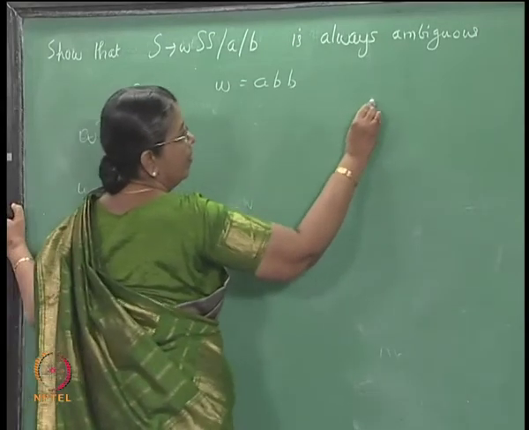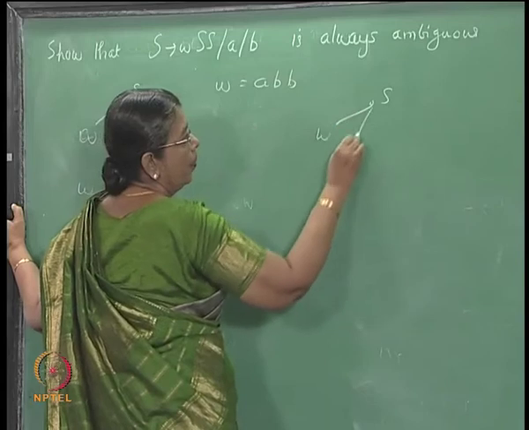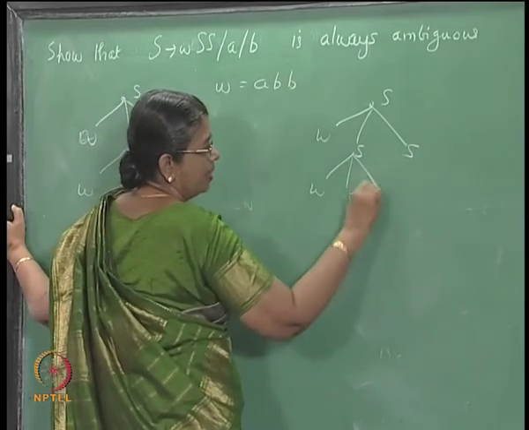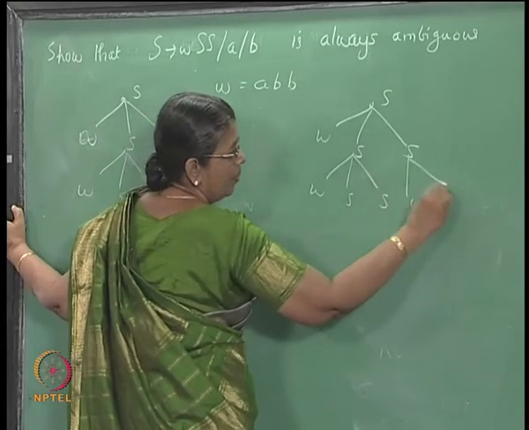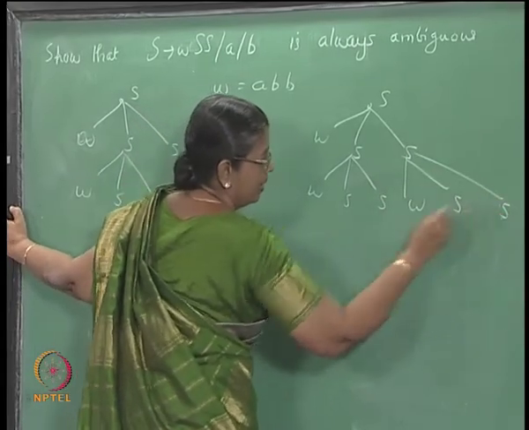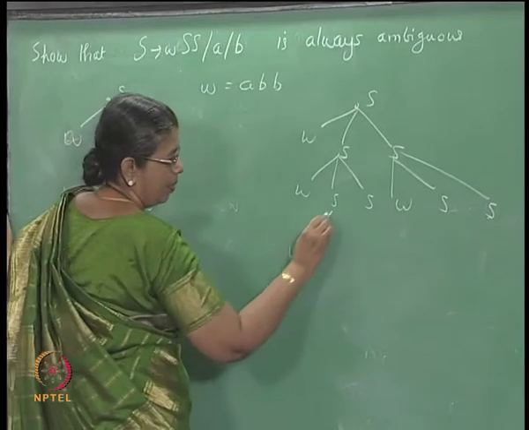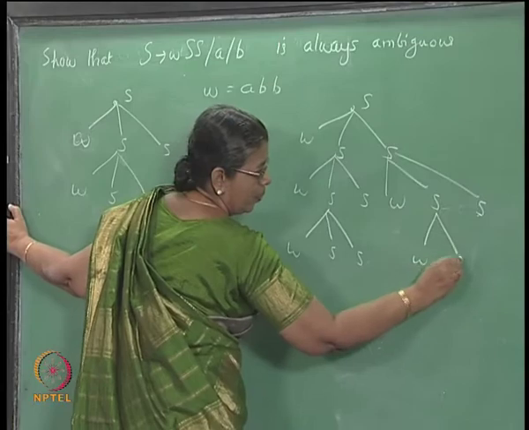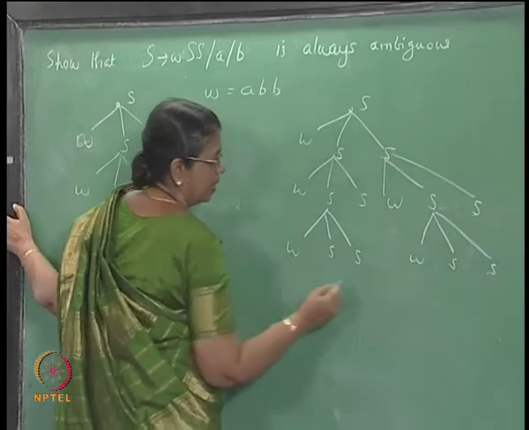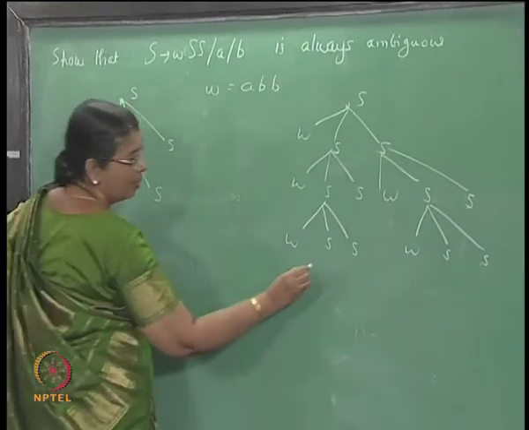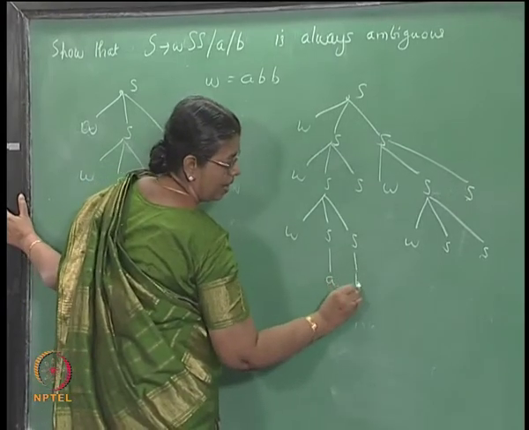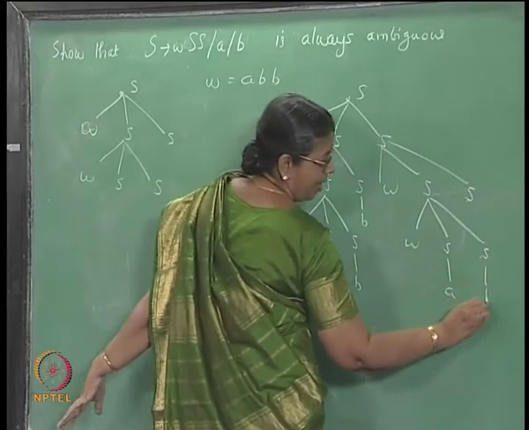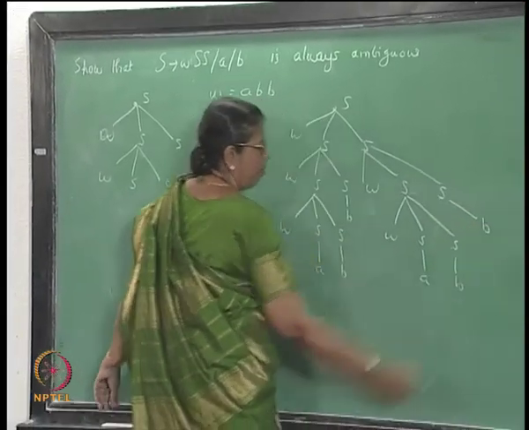Another way of doing it will be S goes to WSS, WSS, WSS, WSS, WSS. I have taken W to be ABB. So, here you can make it go to ABBABB.